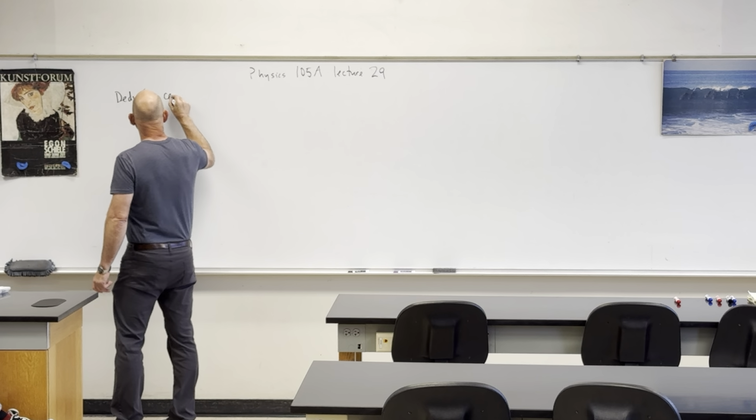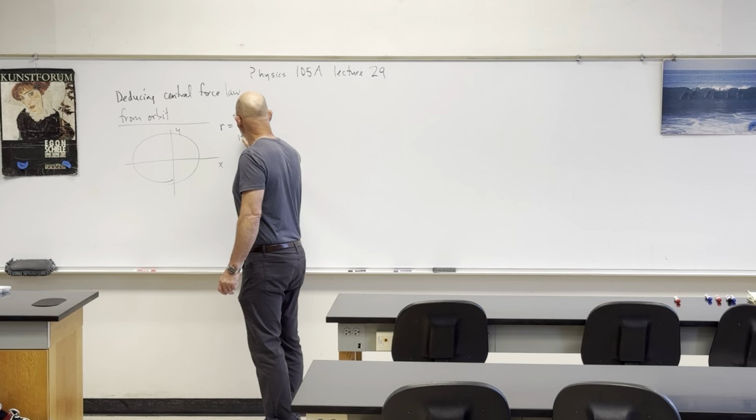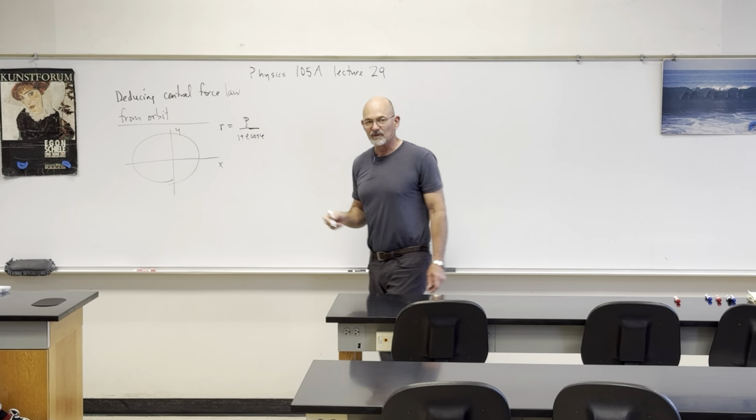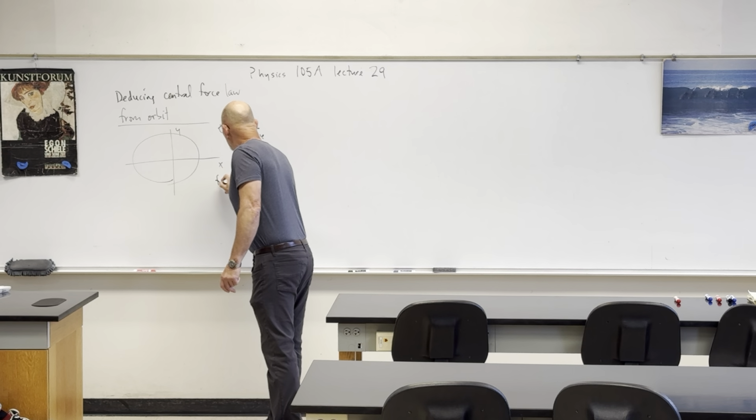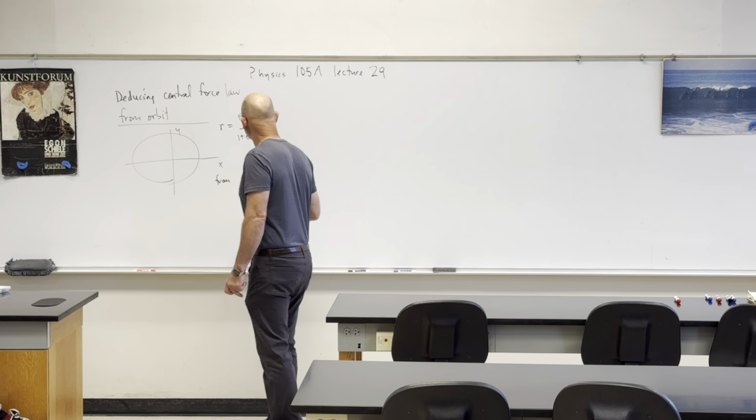So you have, say, as the perfect example, the Kepler ellipse, and we had r equals p over 1 plus e cos phi, and the parameter e, the eccentricity, we defined. Right, so we have the orbit, and this came from using plane polar coordinates.